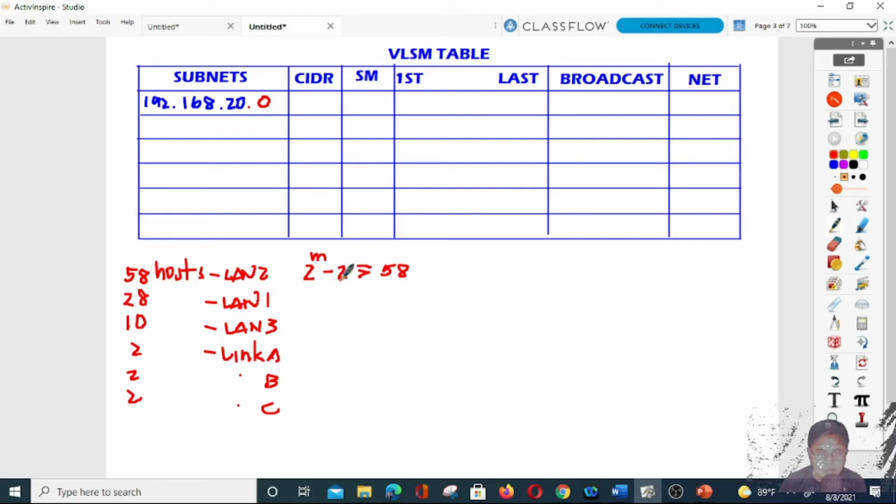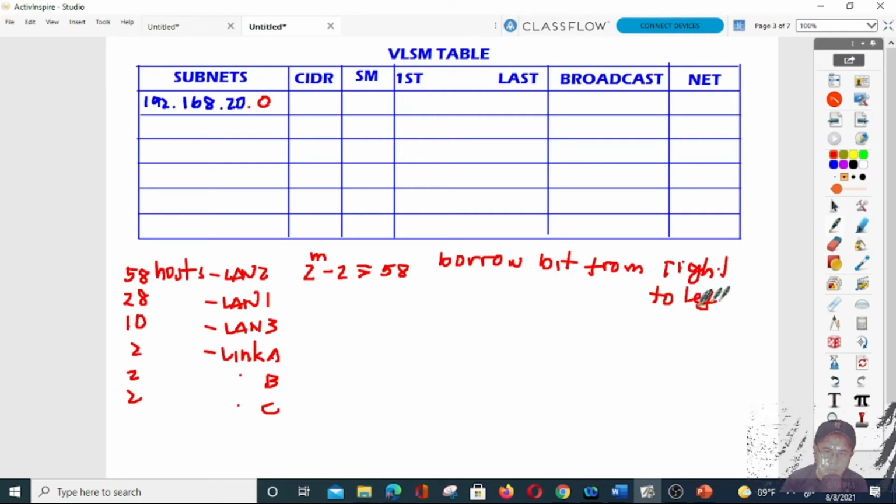The minus 2 here indicates that the network ID and the broadcast ID are not assigned as host addresses. And in VLSM, we are borrowing bits from right to left. It's a reverse.